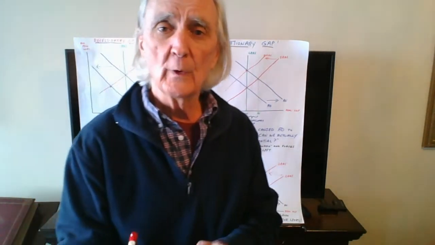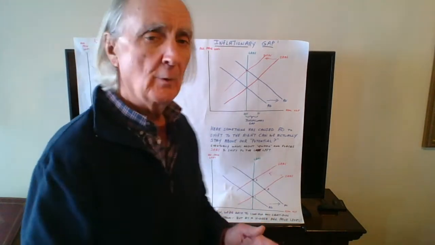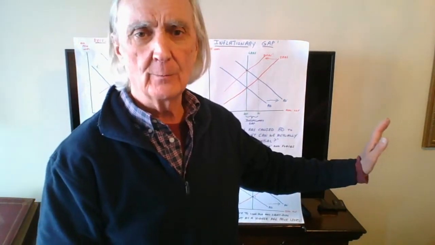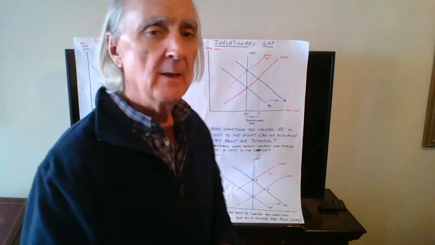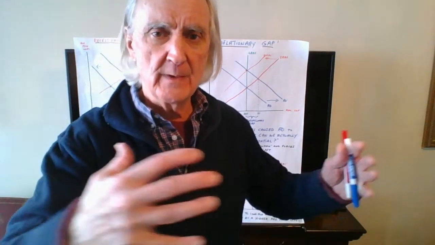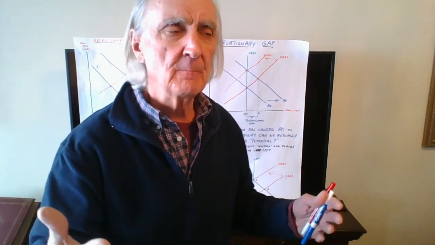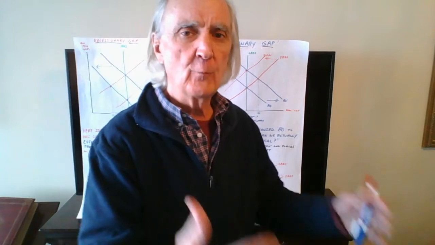But here's what's happened, because a lot of students will always say, "Well, wait a minute, how can we be beyond our potential output?" And that's a good question. It has to do with the economy really overheating, and just think of it as folks working 12 and 14-hour shifts.